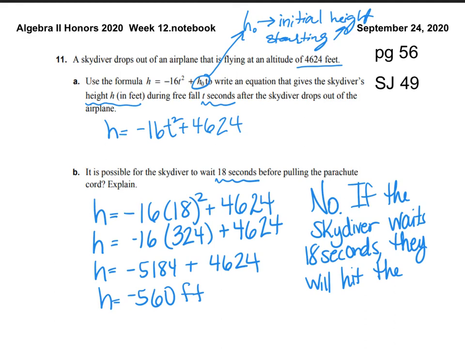Mathematically, it says they're going to go -560 feet below the ground, but I don't know if that's really going to happen because, of course, the body would make an impression on the earth, but I don't believe that you could go negative 560 feet below the ground. And that's the answer to letter B.